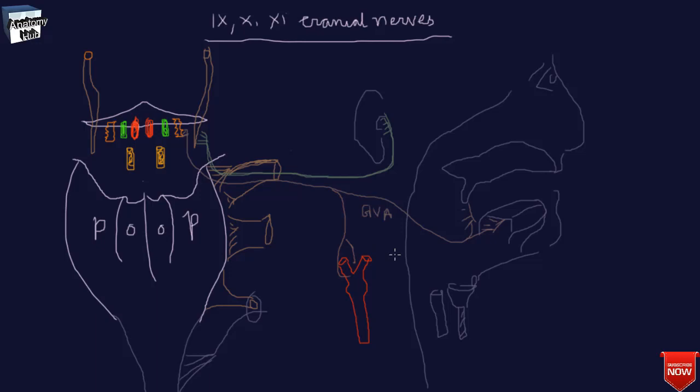Through here we will have the taste sensation of the posterior 1/3 part of the tongue carried forward and taken to the upper part of the tractus solitarius, that carries the taste sensation.